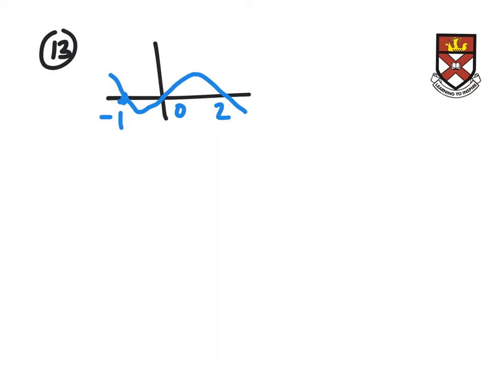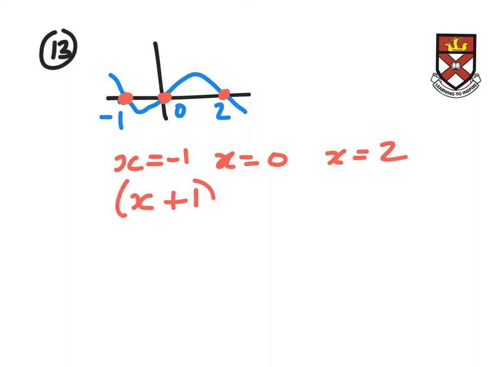Question 13. Okay, what's the equation of this graph? Be a wee while since we'd seen one of these. The roots are -1, 0 and 2. So x is -1, x is 0, x is 2 are the roots. So the brackets that gave these answers were x add 1, just x, and x take away 2.